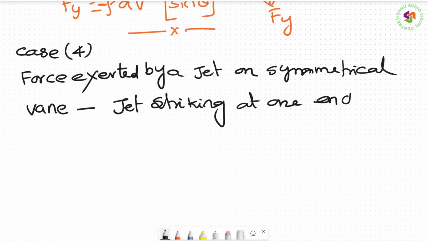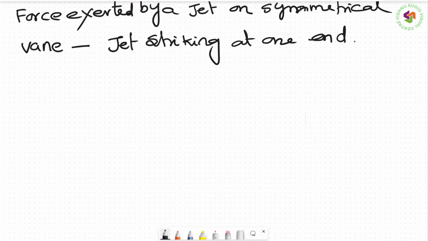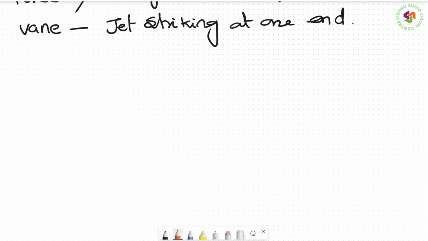The previous case is jet strikes at the center. Now where is the jet striking? Actually the jet is striking at one end. So we will see how we look at that also. First I will draw that actually.